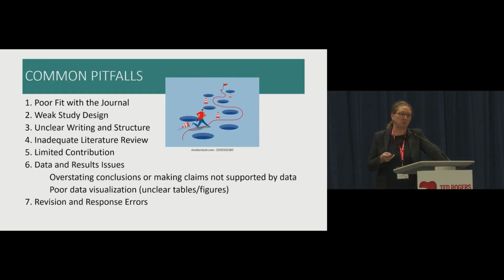The best papers come from the best studies, so weak study design is going to be a problem at any journal. So I'm just making a plug to really think in advance about your study and how you're conducting it, and what the potential limitations or biases are, and how you might be able to mitigate them. So think about that very early, because the better you design a study, the more likely you will publish your paper.